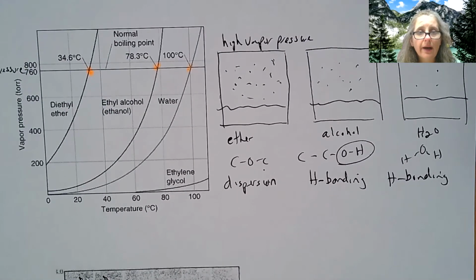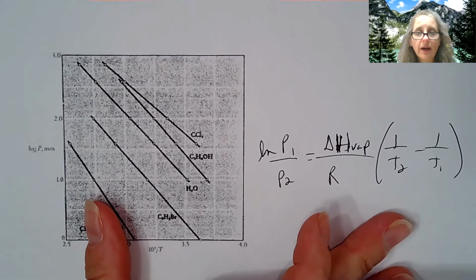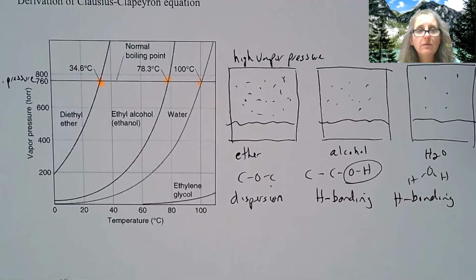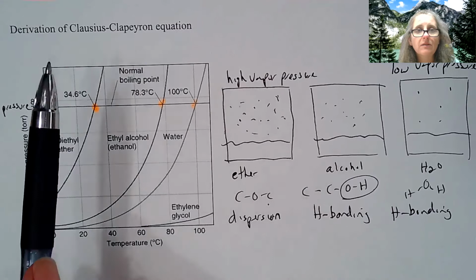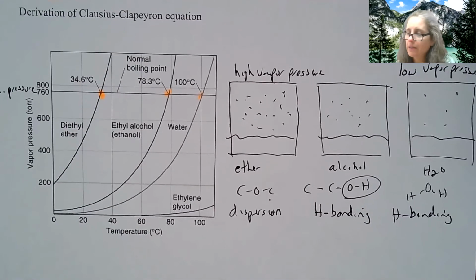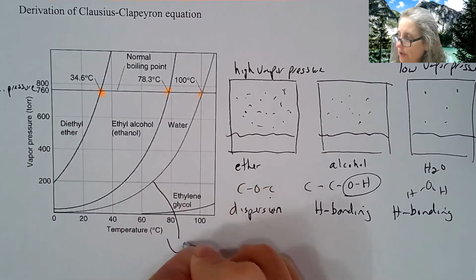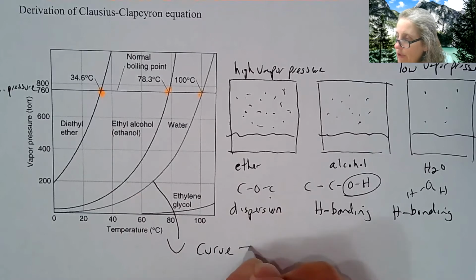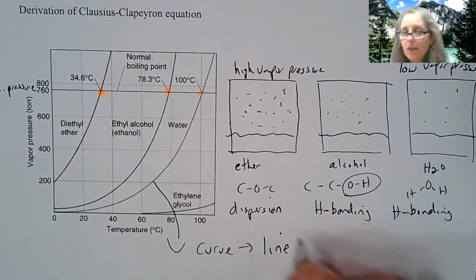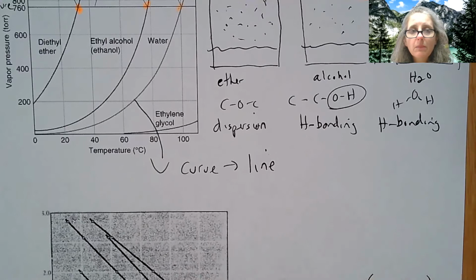Now, below this graph is another graph. The reason we have this is something called the Clausius-Clapeyron equation. It used to be a big focus, no longer. If we have a curve, we don't like curves. We want to make them align, because it's easy to predict off of.